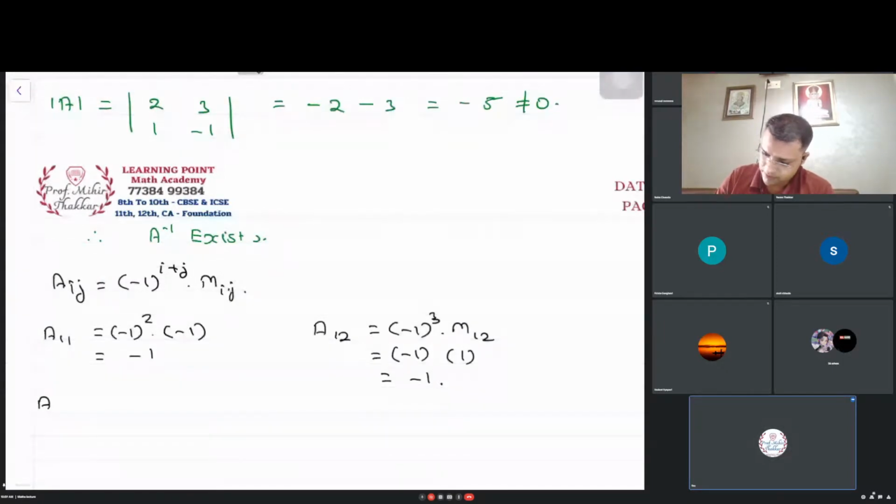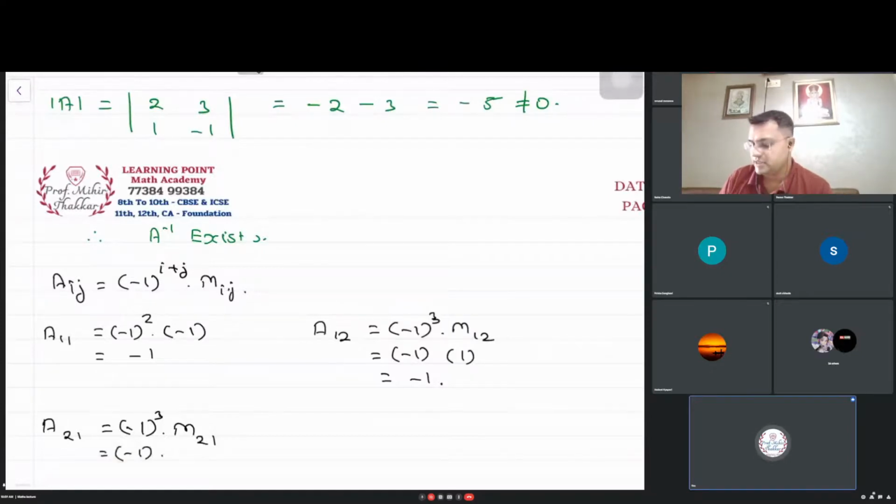A21 is (minus 1) to the power 3 multiplied by M21. This is negative 1, and if you cover the second row and the first column, you will get the value as 3. So the answer is negative 3. A22 is (minus 1) to the power 4, which is 1, multiplied by, what is it? It is just 2. So the answer is 2.